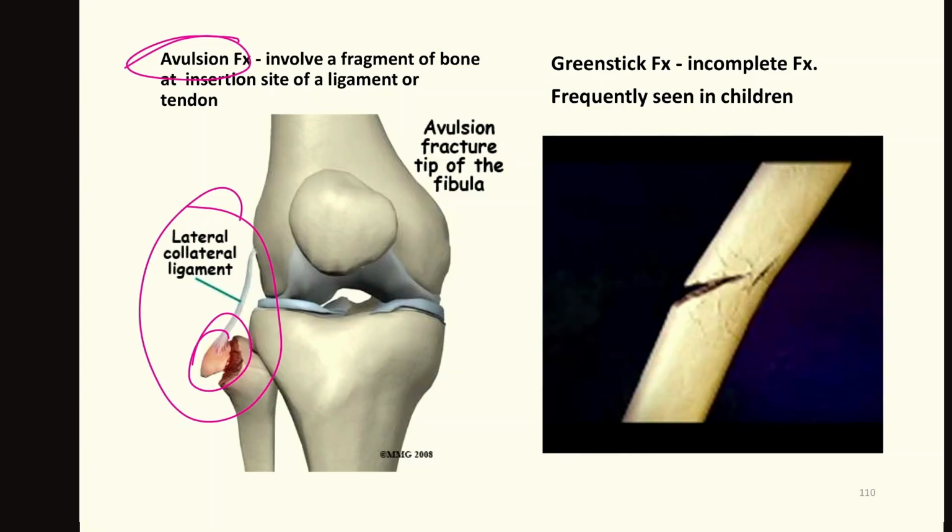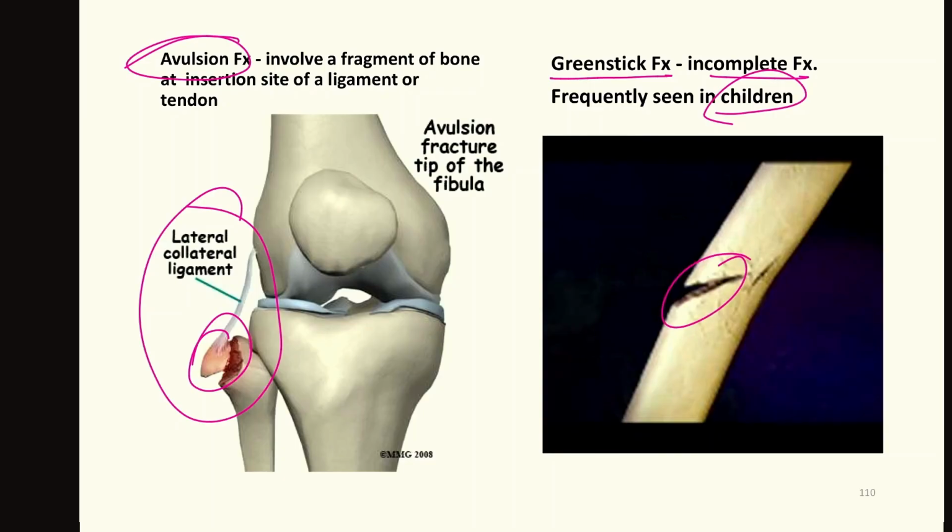The other one is called a green stick fracture. This is an incomplete fracture. This is mainly seen in children. So I said about abuse. Why is this seen in children? Why is it called a green stick? Bones are very nimble. They can bend as they're kids and they grow up. If you have a green stick off of a tree and you're trying to bend it, eventually it'll turn into a curve and then it breaks on one side.